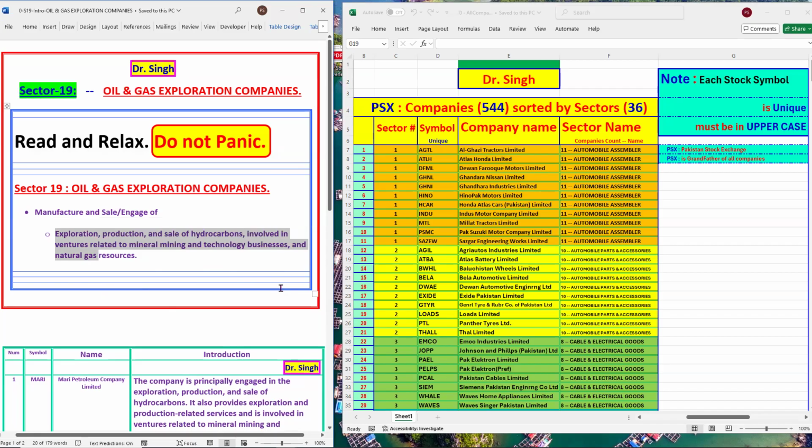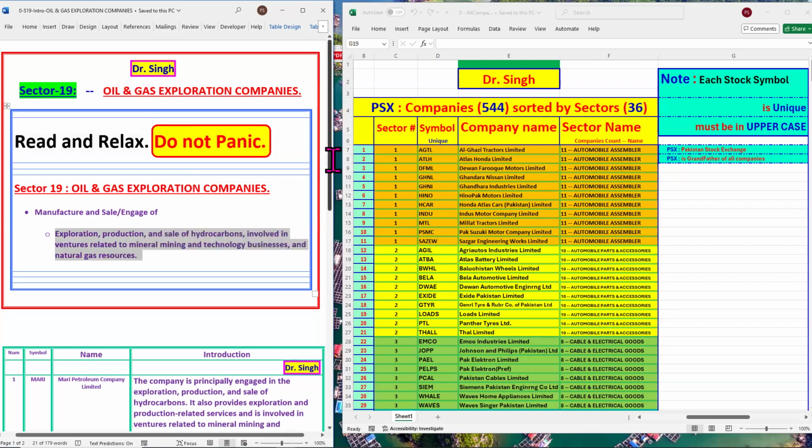It deals with the manufacturing, sale, and engagement of exploration, production, and sale of hydrocarbon involved in ventures related to mineral mining, technology, business, and natural gas resources. Now, you don't have to understand everything that is written over here, but at least get yourself familiar with these words. That way, in the future, when we use them, you know you encountered them.